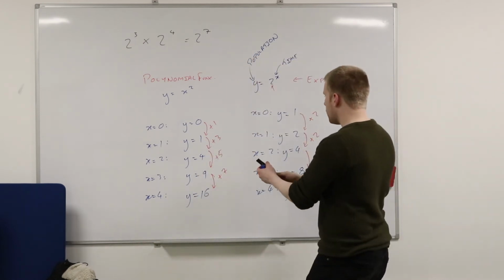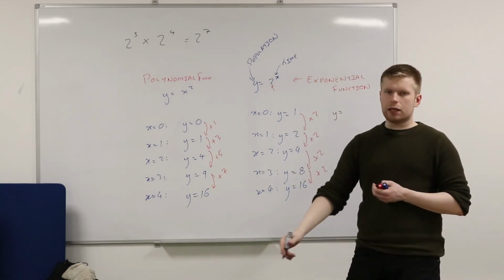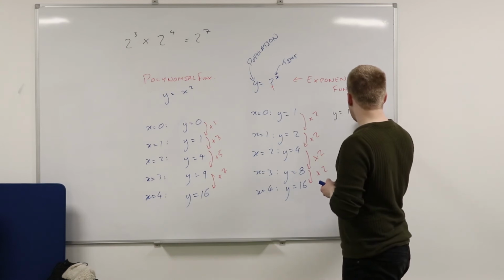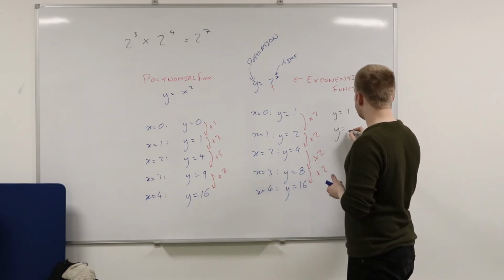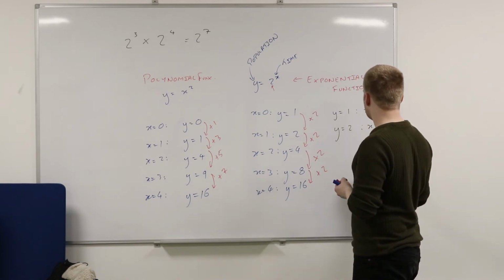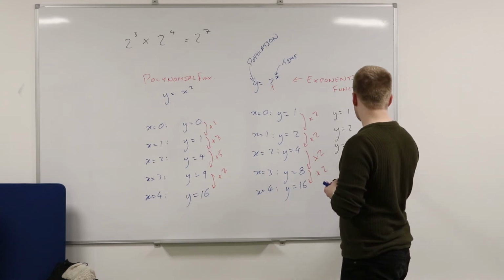Right, so let's do the reverse situation then. Let's suppose I tell you that y is equal to 1. What would x have to be equal to? 0. If I told you that y was equal to 2, what would x have to be equal to? If y is equal to 3, what would x have to be equal to?